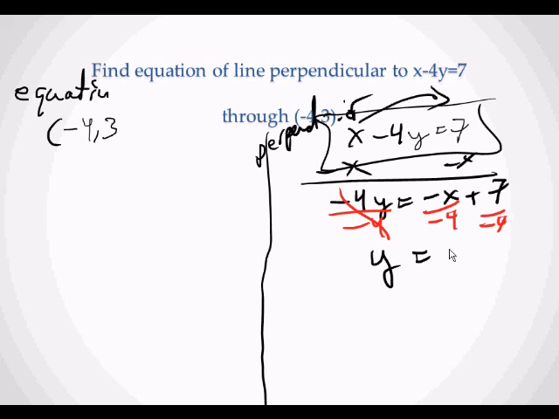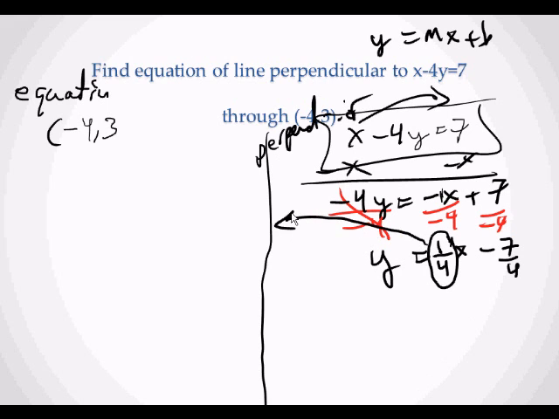Negative 4 divided by negative 4 equals a positive 1y. Negative divided by negative is a positive, and there's really an invisible 1 there. I want to show you that this is really a positive 1/4 times x, and then positive divided by negative is a negative 7/4.